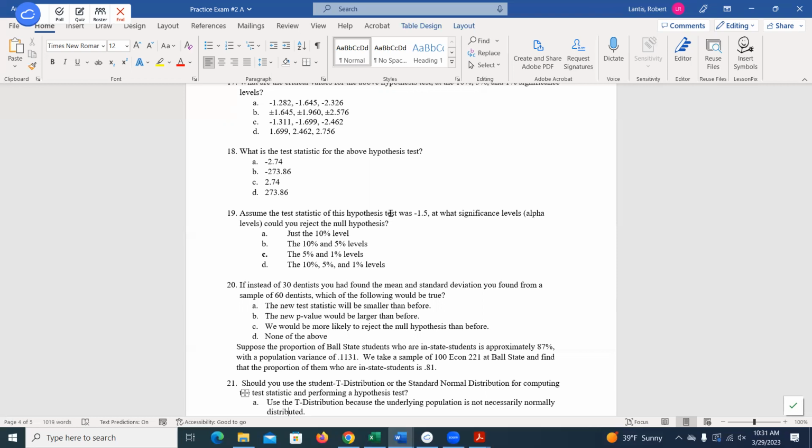What are the alphas that we typically compare to? Same as our confidence intervals, 0.1, 0.05, and 0.01, right? Those correspond to 10, 5, and 1% significance levels, or the 90, 95, 99 confidence levels.